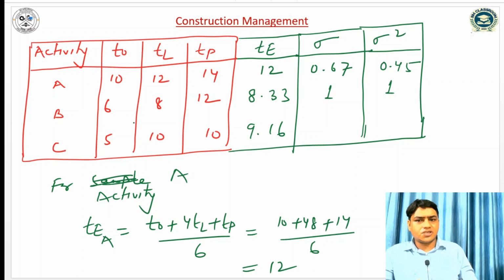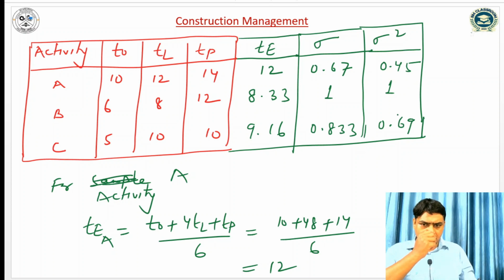Similarly, the standard deviation for activity C is Tp minus T0 by 6, 10 minus 5 by 6 means 5 by 6, so it is 0.833. So the variance is the square of this, 0.69.